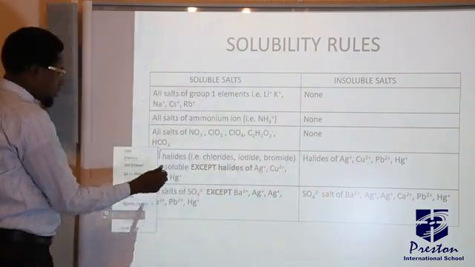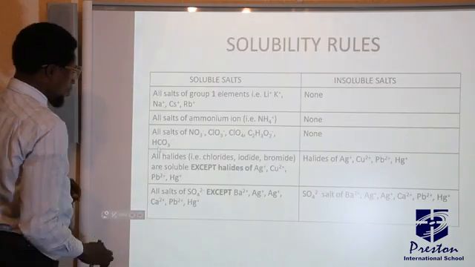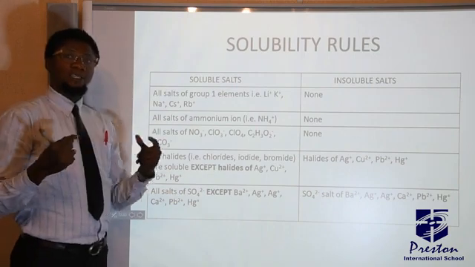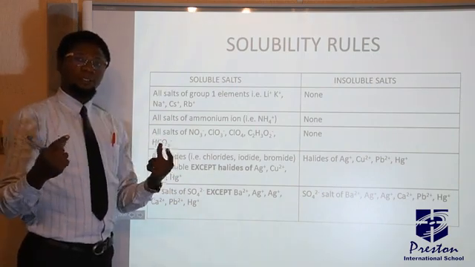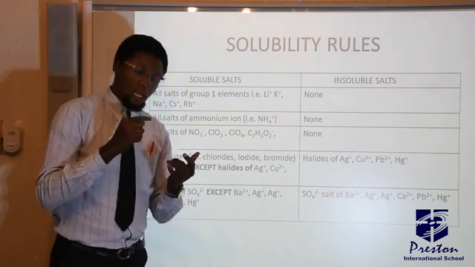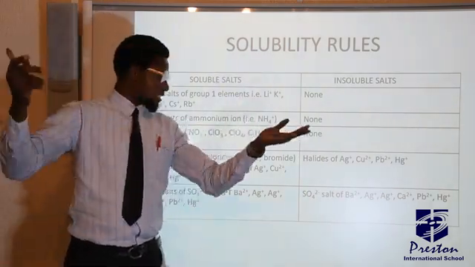Alright, let's look at rule number 4. All halides, when you say halides, they are halogenated compounds. Any compound that contains the halogen family, those are the fluorine, chlorine, bromine, iodine, and astatine.